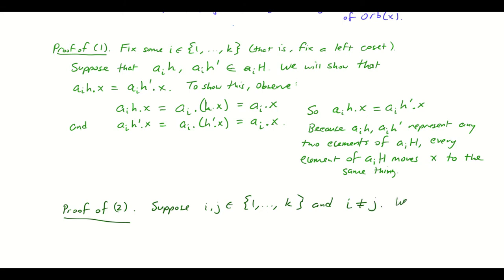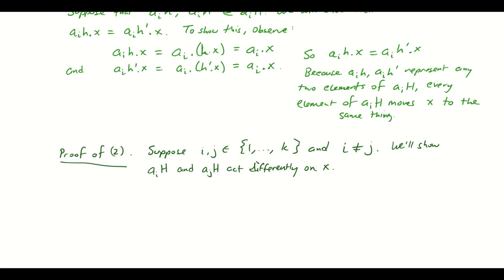And then we'll show that a_i h and a_j h act differently on x. In other words, they act on x to produce different elements. So that's what we will show.